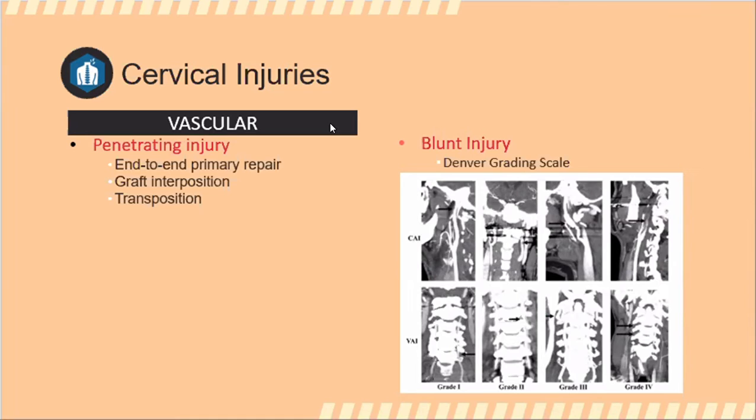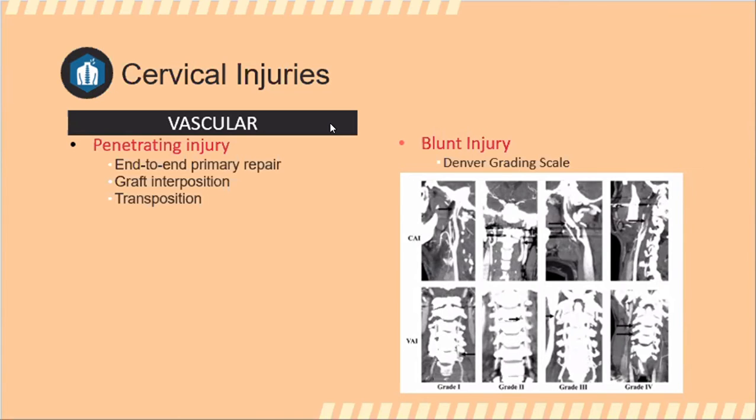So pag mayroong hard signs of vascular injury, what we mentioned last time, like persistent massive hemorrhage or rapidly expanding hematoma, it needs immediate operative intervention. So there's a need to do immediate neck exploration.